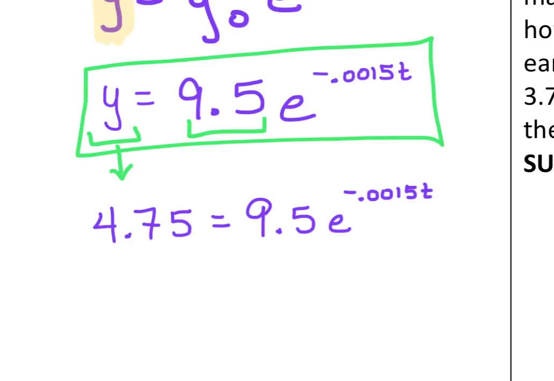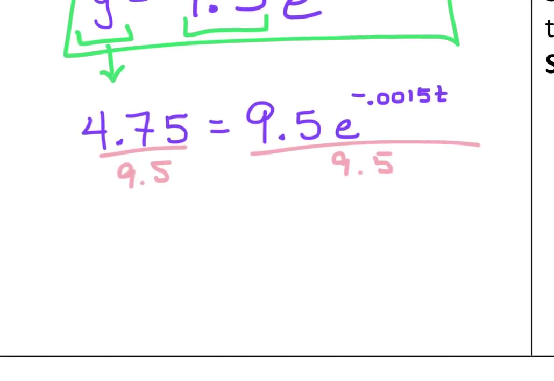So I'm going to divide both sides by 9.5 to get that e by itself. Because you computed 4.75 based on being half of 9.5, what should happen is that you get 0.5 over here and just e to the negative 0.0015t over here. And now you're going to take the ln of both sides.